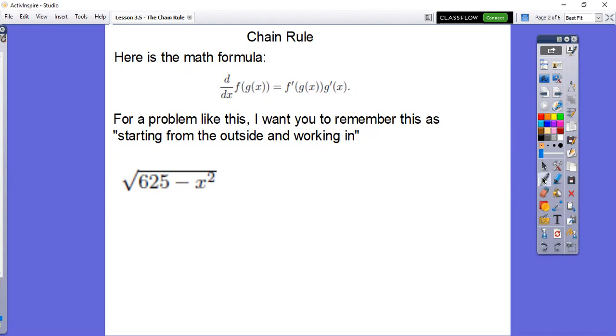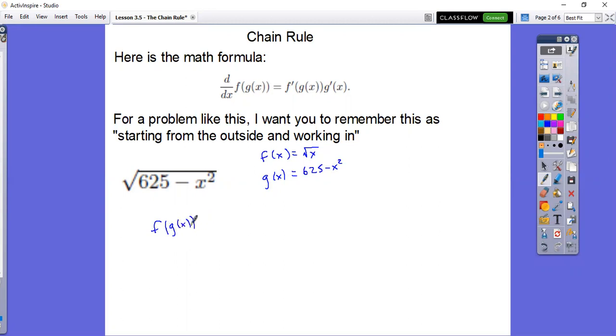If you remember back when we talked about composite functions, I told you sometimes it might be helpful to recognize a function as a composition of two functions. So what I could do here is say if f of x were equal to square root of x and g of x were equal to 625 minus x squared, then I could rewrite this function as f of g of x.